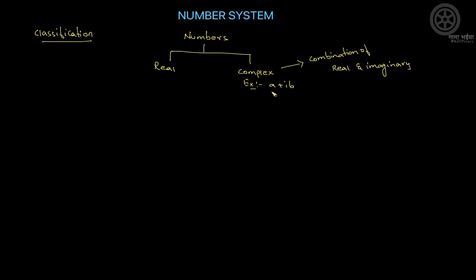This a is the real number and i is the imaginary number. The imaginary number is denoted by i, and the value of i square is minus 1, right? So i is nothing but root of minus 1.